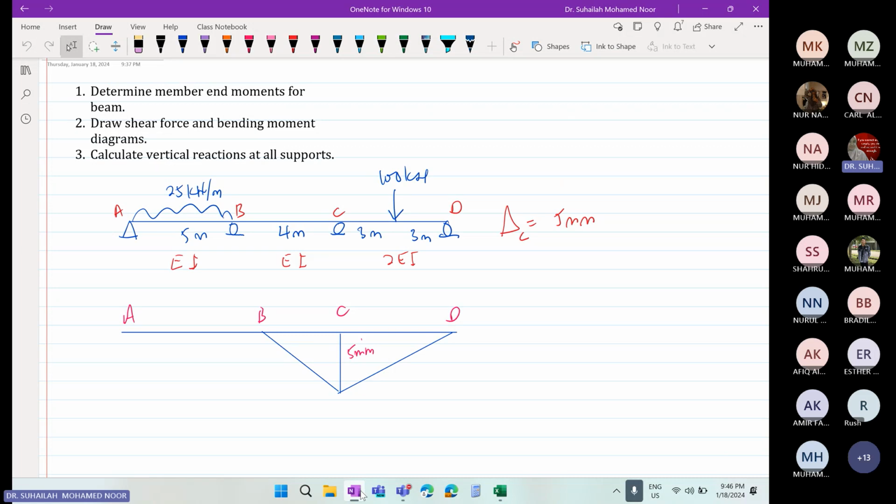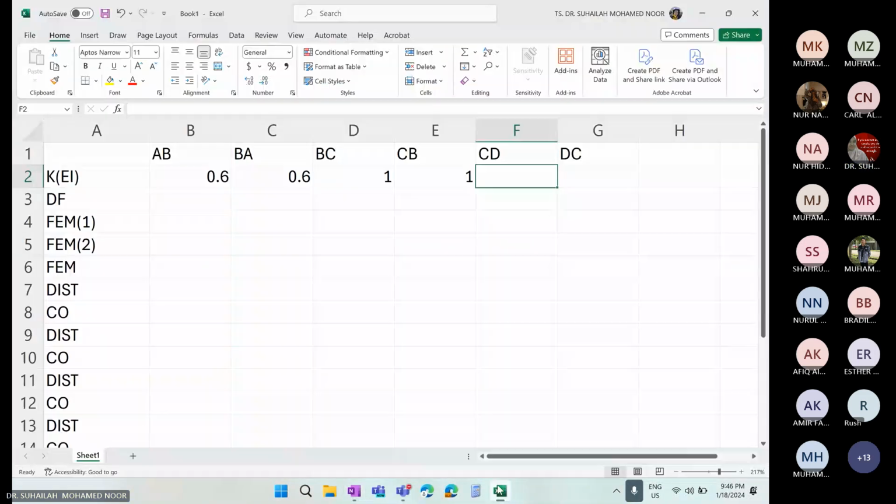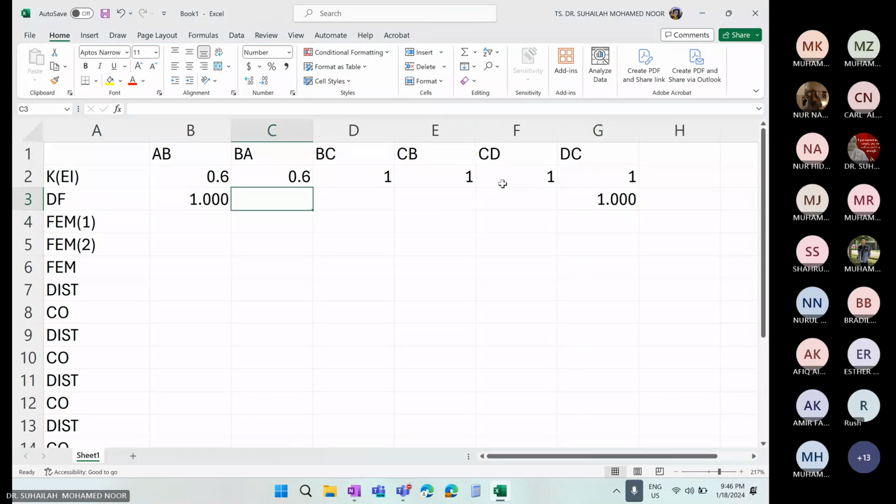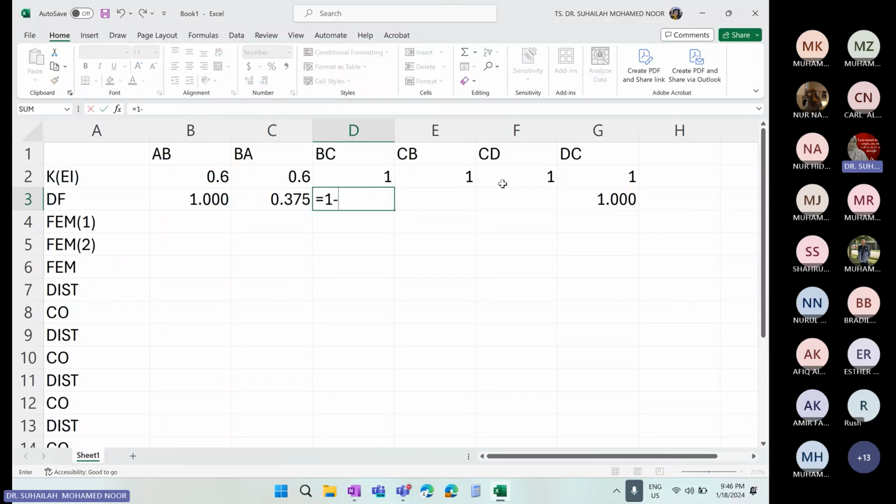And for CD, 3 times 2 EI over 6, 1 also. For distribution factor, this is 1, this is also 1. So 0.6 divided by 1.6 is 0.375, and the other one is 1 minus 0.375. And this one is 0.5 and 0.5.